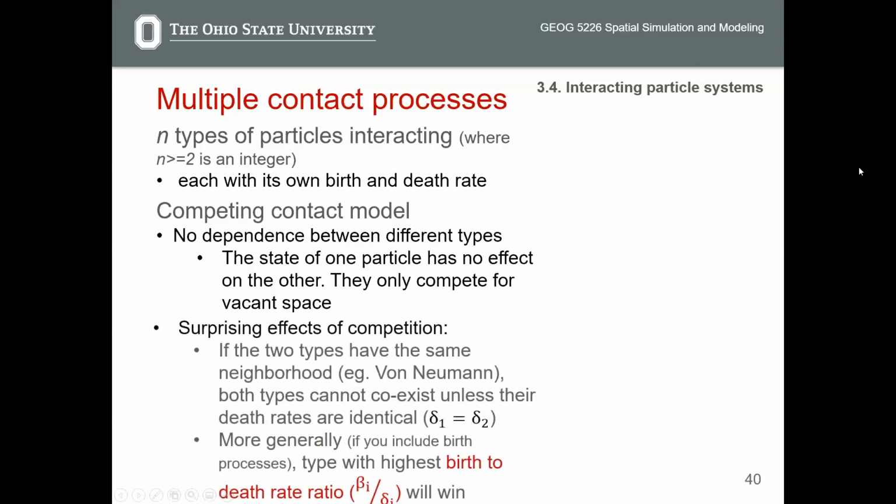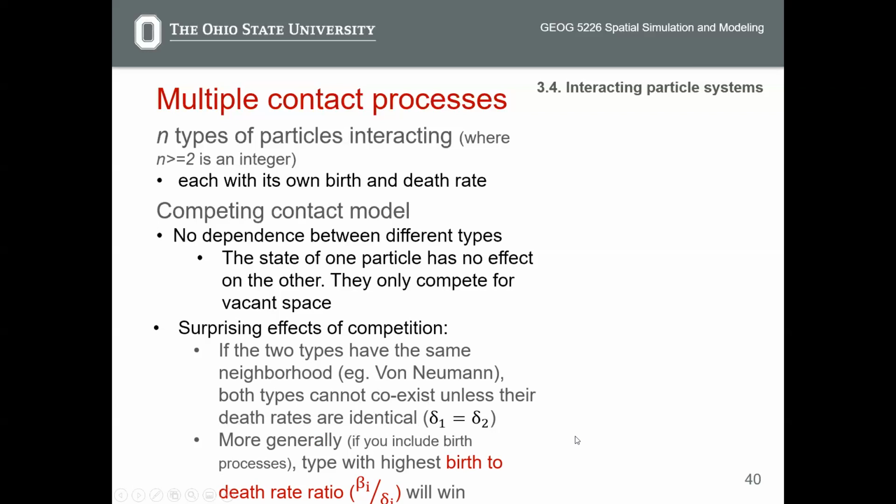Okay, so surprising effects of competition. If the two types of particles have the same neighborhood, of course, you can define different neighborhoods for them, because they only compete for vacant space, right? For example, Von Neumann neighborhood. Both types cannot coexist unless their death rates are identical.